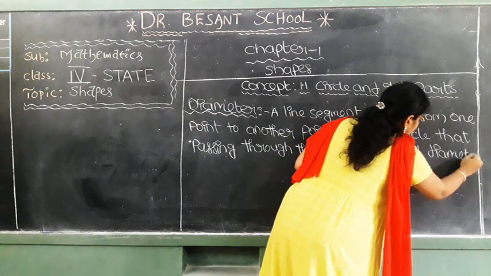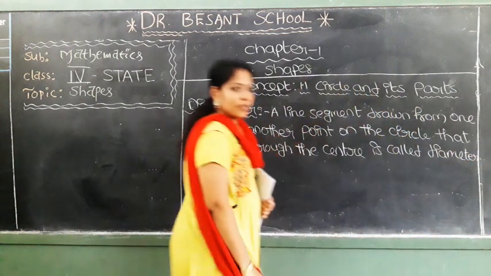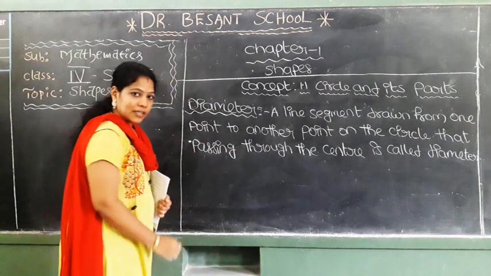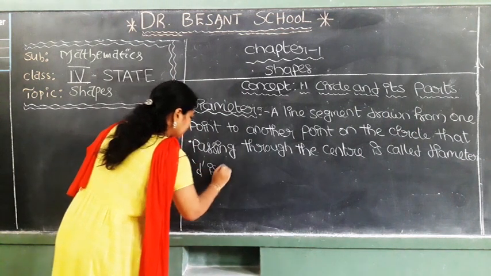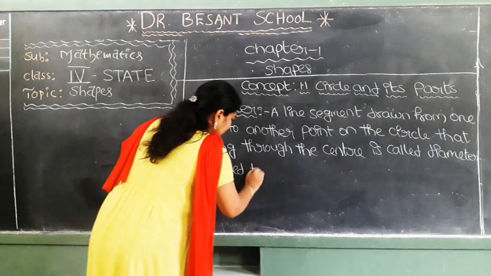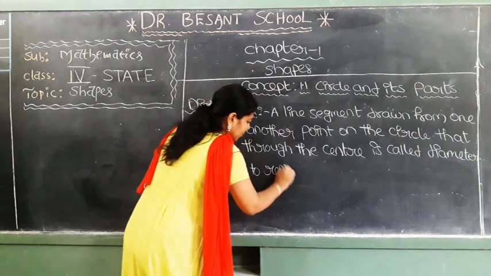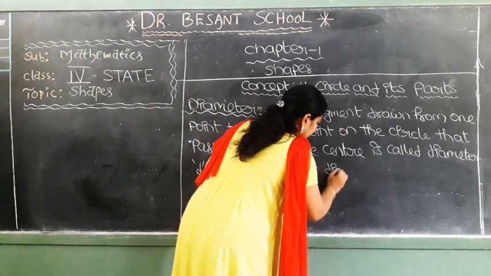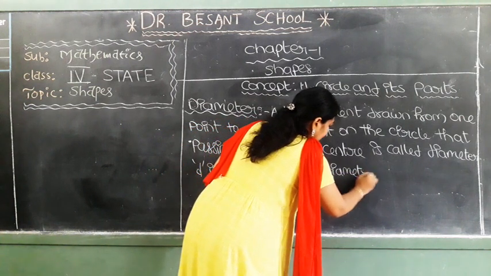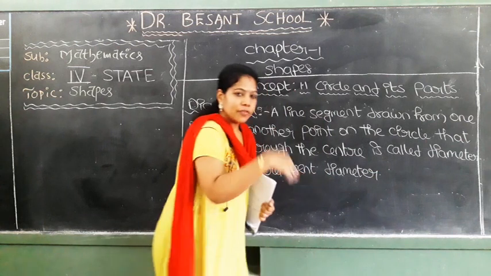Which letter are we using to represent diameter? D. D is used to represent diameter. We can draw so many diameters in a circle.